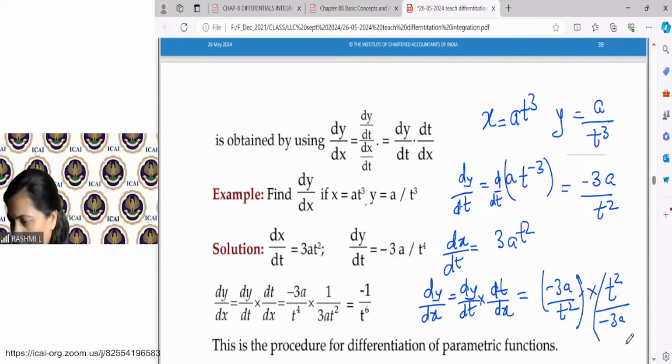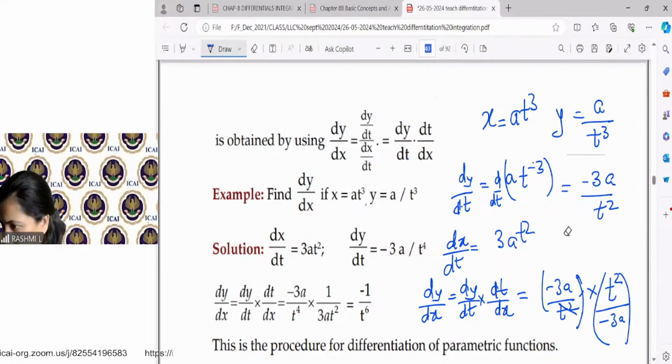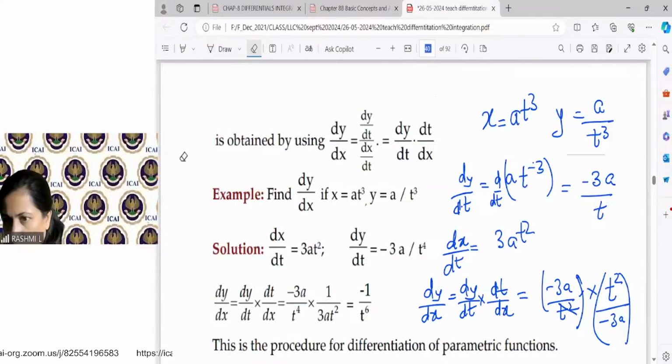Okay, so this t square, oh, t raised to 4, sorry. d by dt will be not minus 1, this is minus 3. So this will become t raised to minus 4. Let me write it.